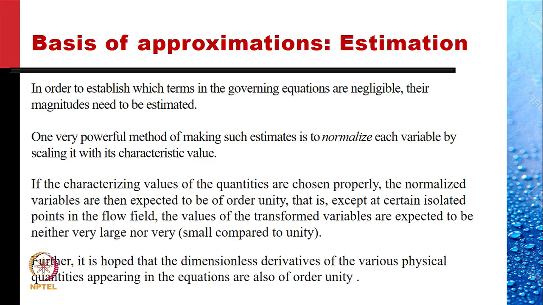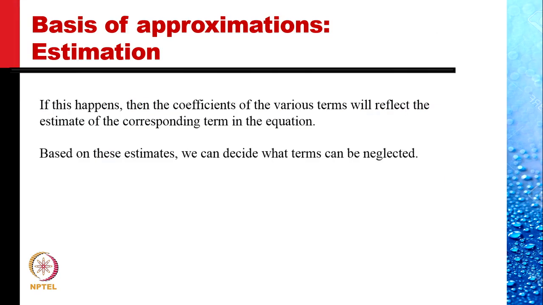We will learn to deal with this situation in a later lecture. If the proper estimates are obtained, then the coefficient of the various terms reflect the estimate of the corresponding term in the equation. Based on these estimates, we can then decide what terms can be neglected. We have been doing this for 2 examples that we discussed in the last class.